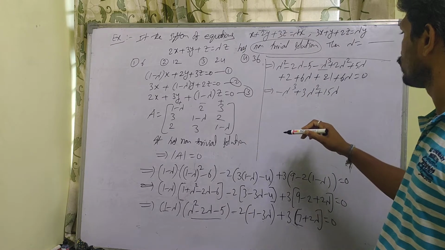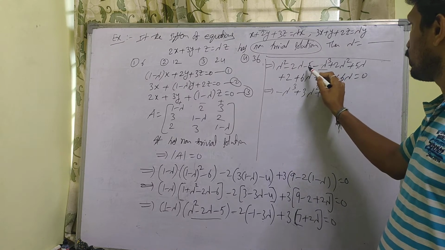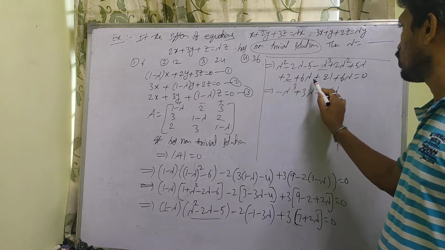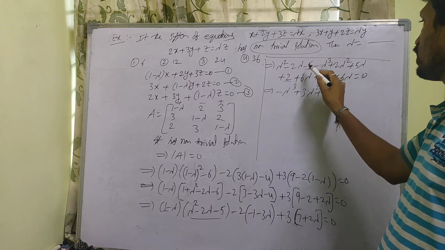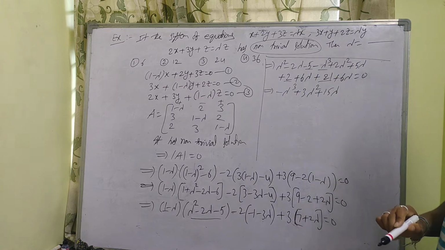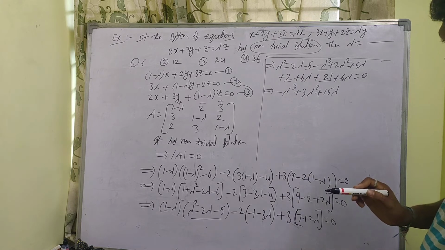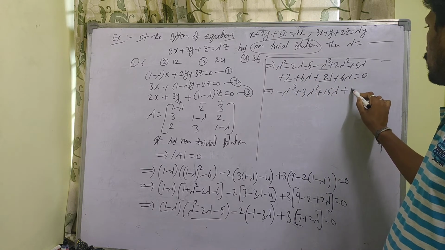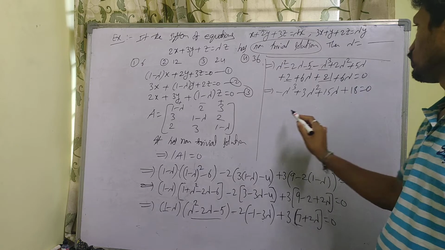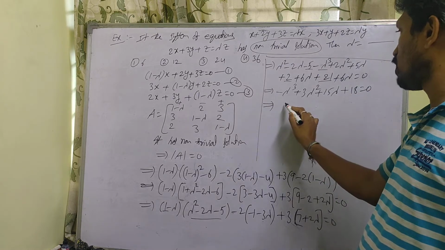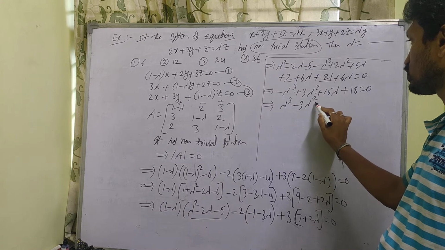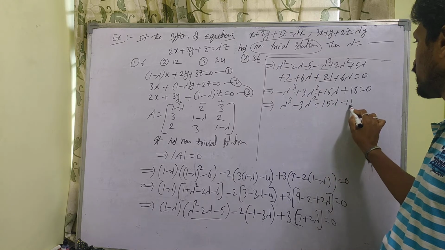Next one, here minus 5 is a constant and 21 is one of the constants and 2 is the constant. So 21 minus 5, that is 16, plus 16 plus 2, plus 18 is equal to 0. So if you take minus common from the entire equation: lambda cube minus 3 lambda square minus 15 lambda minus 18 is equal to 0.